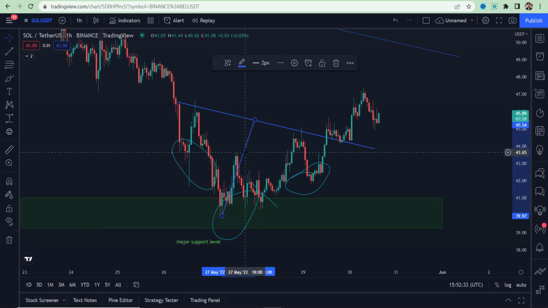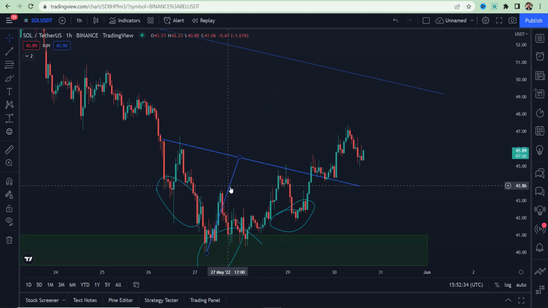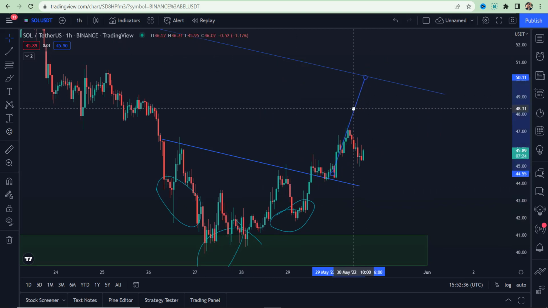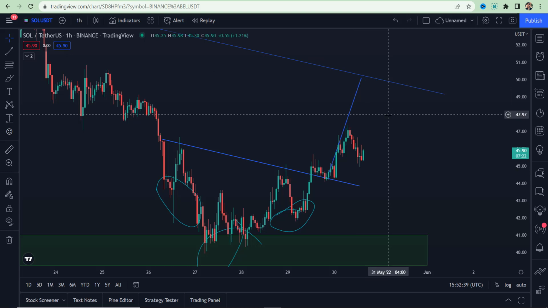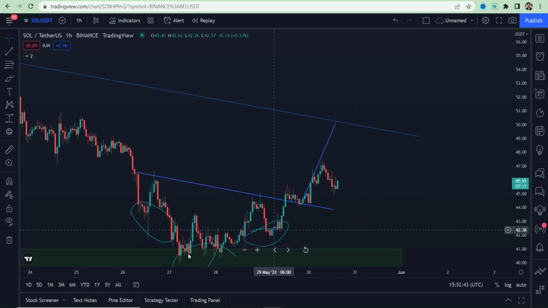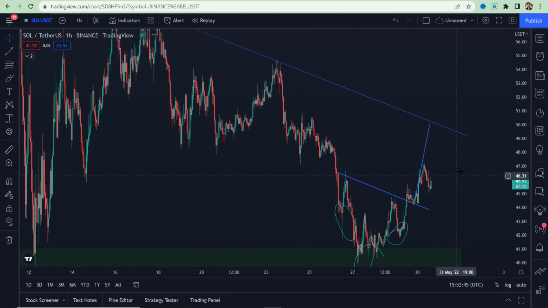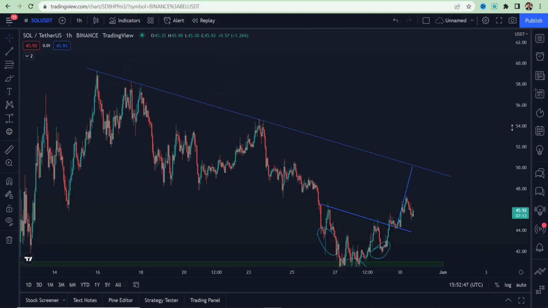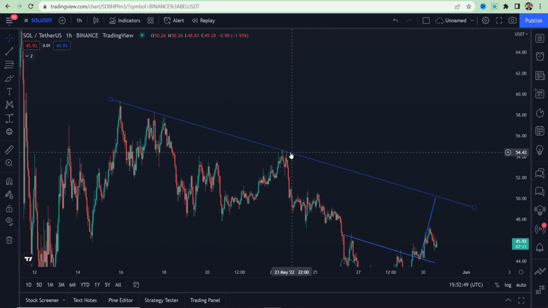Let's keep things simple. So the target for Solana, these were the targets, and it was exactly the same resistance line that has been acting as a resistance for the past, how many touch points? 1, 2, 3, 4, 5, 6.